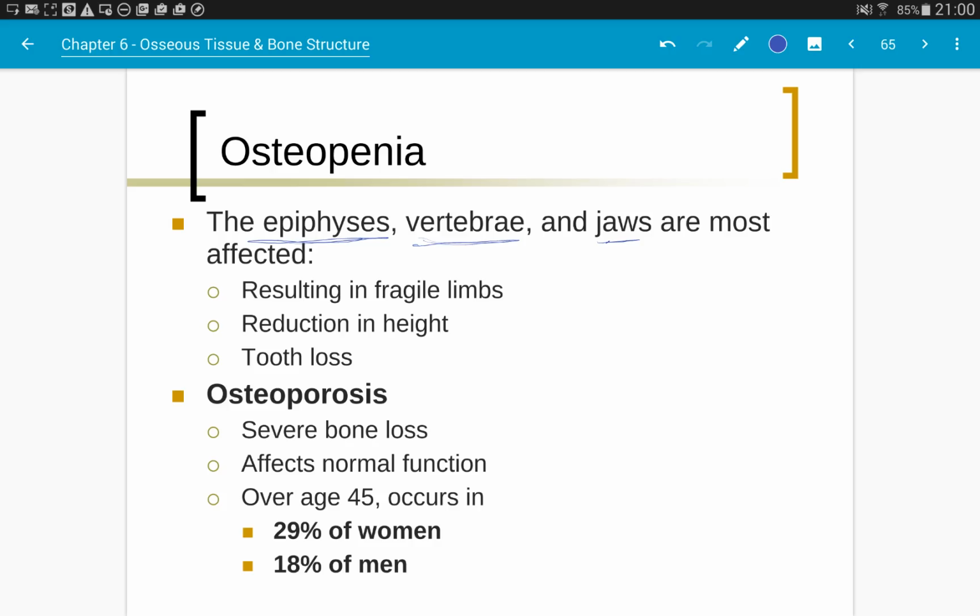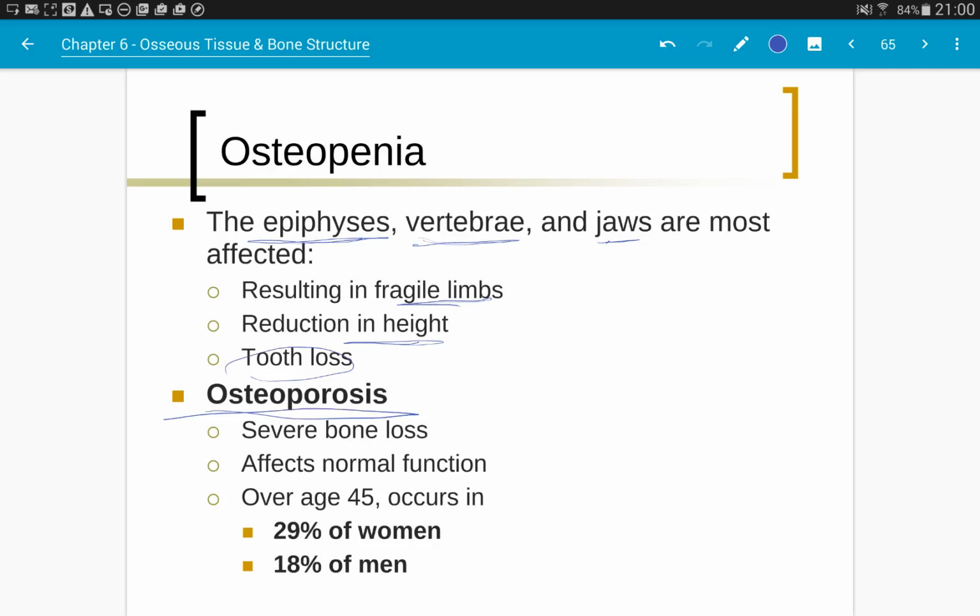It's because they have this slow compression of the body of the vertebra over time because of bone loss. So yes, reduction in height, fragile limbs. It's more common for older people to break bones. Really commonly, the hip is a very, very common one. And then tooth loss as well.